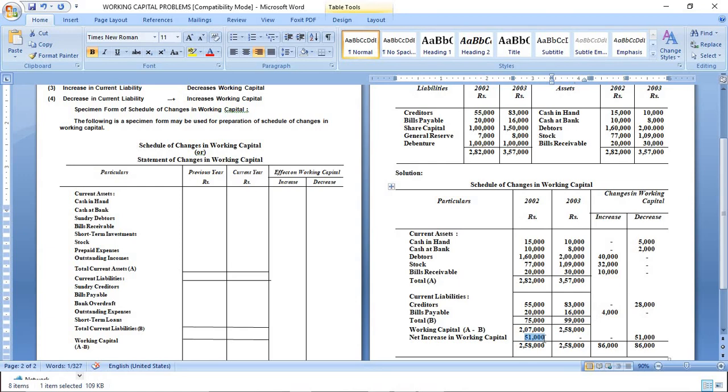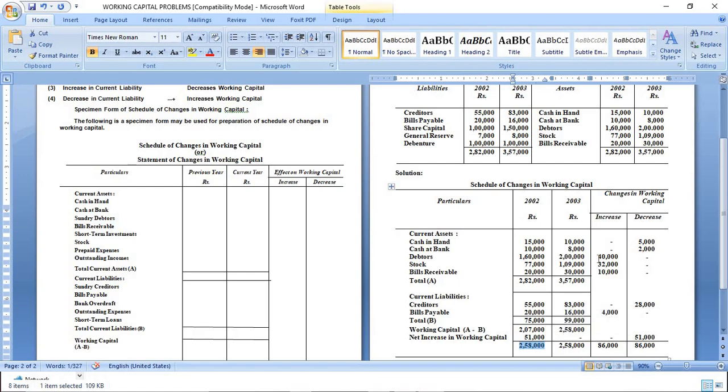So 2,07,000 plus 51,000 gives you 2,58,000. The same amount comes, 2,58,000, here.